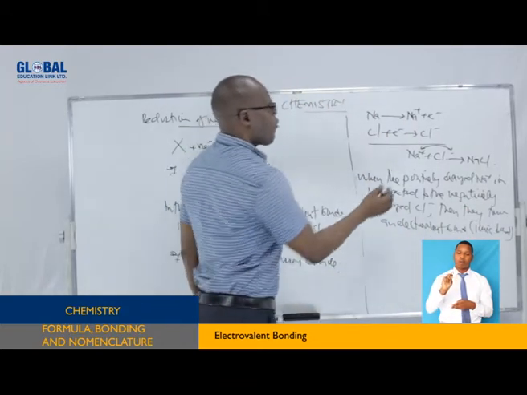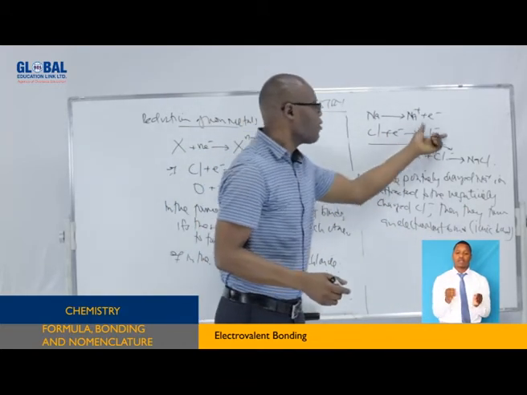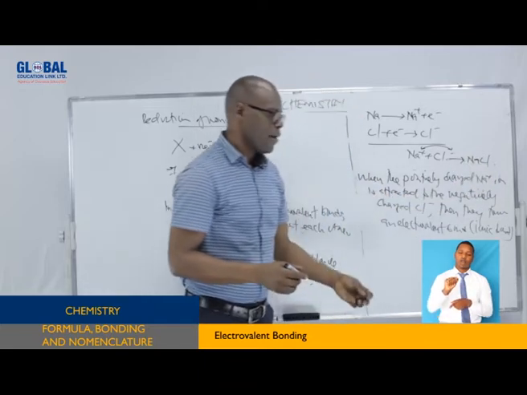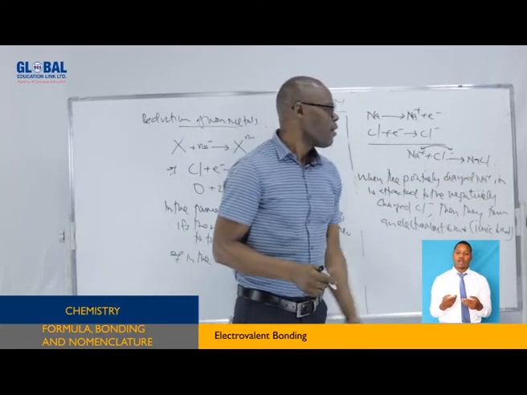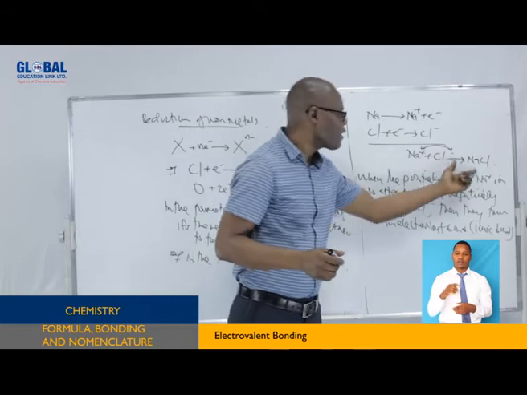So the attraction of the sodium ions and the chloride ions gives us what is called an electrovalent bond in sodium chloride.